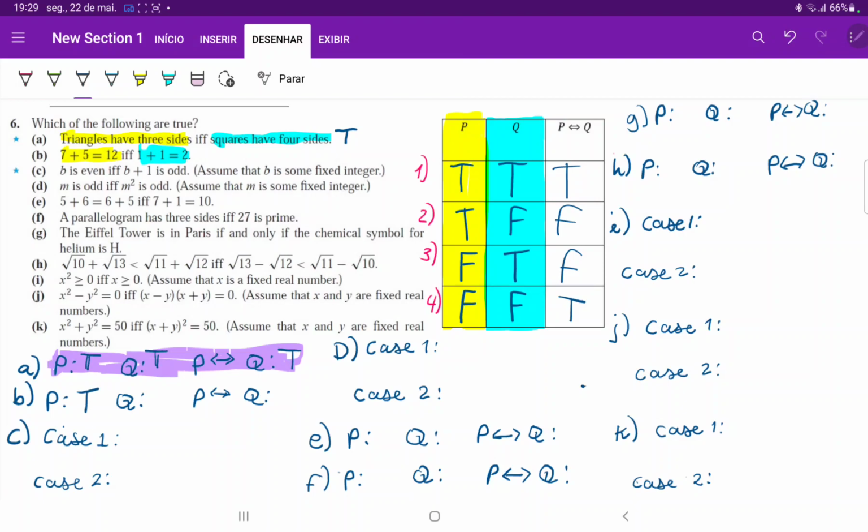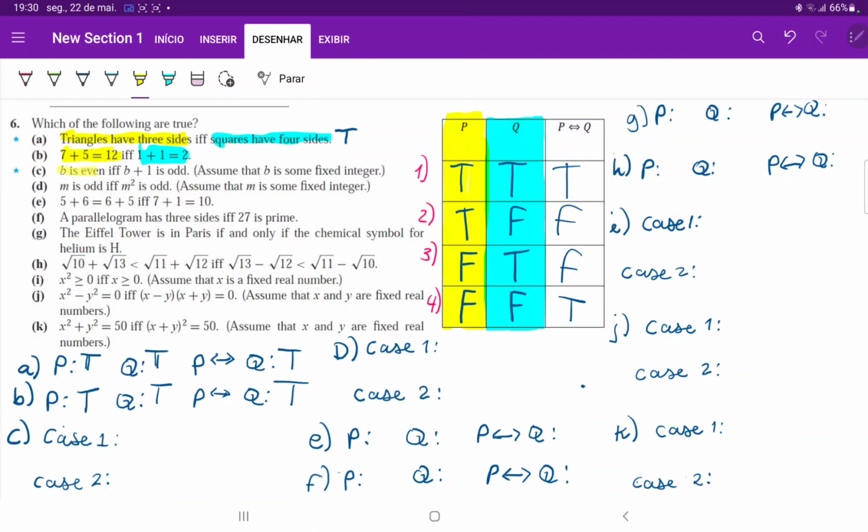Q is true, 1 plus 1 is equal to 2, and therefore P if and only if Q is also true, and you can check it on row number 1, where we have true, true, and therefore the biconditional is true. I'm not going to highlight it, I didn't like how it looks, so I'll just leave it this way. Okay, what about item C?